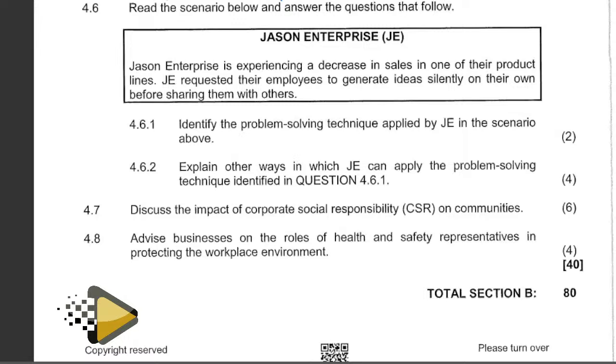Because of that, on their own, this calls for nominal group technique. So identify the problem-solving technique applied by JE in the scenario above. Remember, we have Delphi technique, force field analysis, brainstorming, as well as nominal group technique. So the appropriate answer here is going to be nominal group technique.